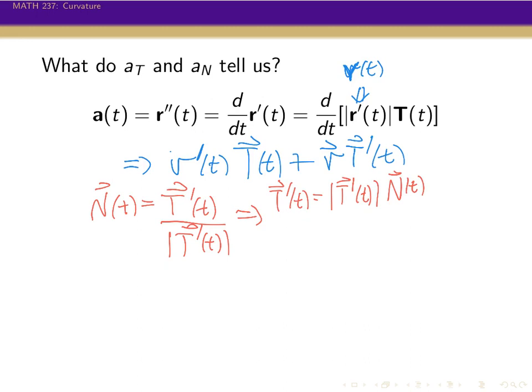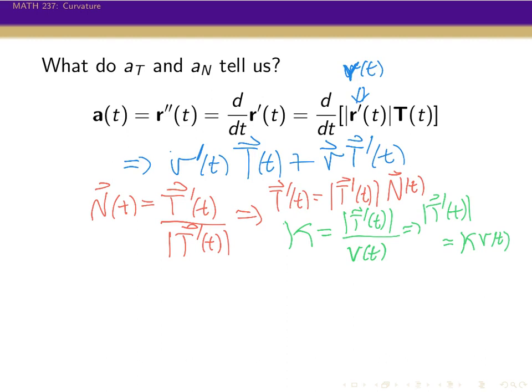We've also seen the magnitude of T prime of t come in with curvature. Remember that curvature is equal to the magnitude of T prime of t divided by speed, and here we're using v of t to be speed. And so the magnitude of T prime of t by itself is going to be curvature times speed.